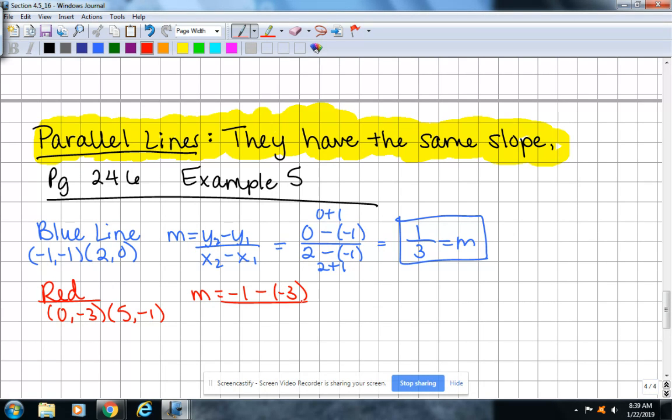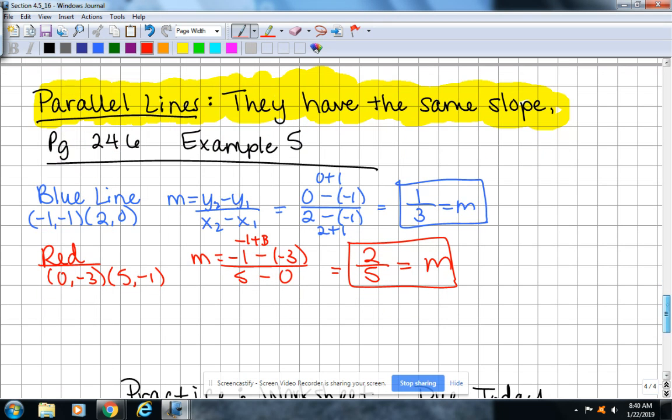Over what's x2? 5 minus 0. So that's -1 plus 3, which is what? +2 over 5 minus 0, and that will not simplify anymore. So are the red line and the blue line parallel? No, they are not parallel. They look like it on my picture, but they are not parallel.